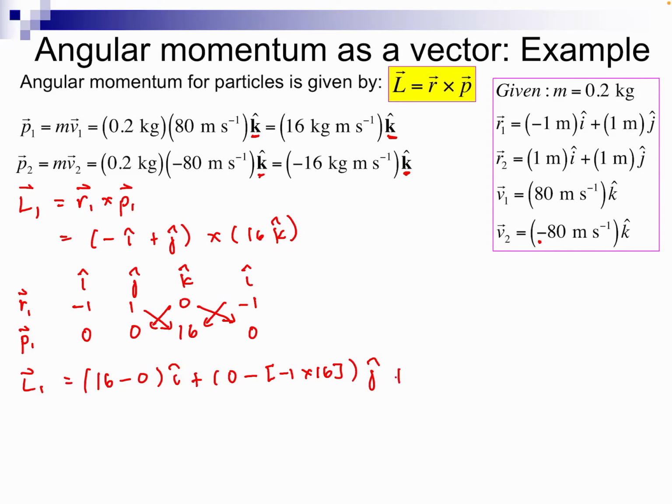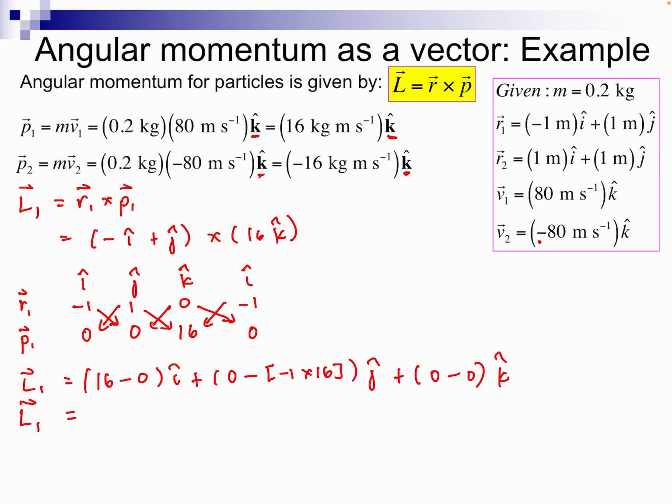Plus the k hat component. For the k hat component, you block the k column and get the determinant of columns i and j. So you have -1 times 0, that's 0, minus this one times 0, that's still 0. That's the k hat component. Then you can simplify.